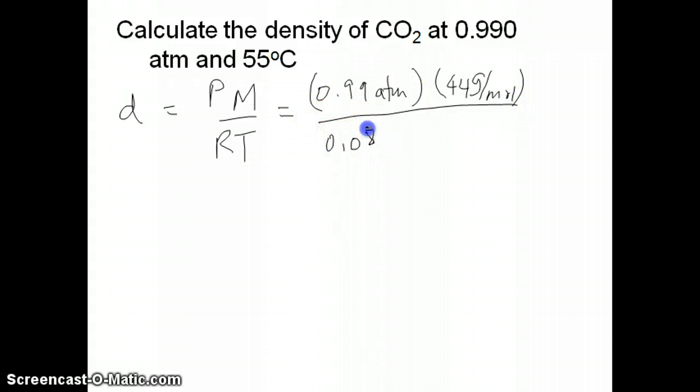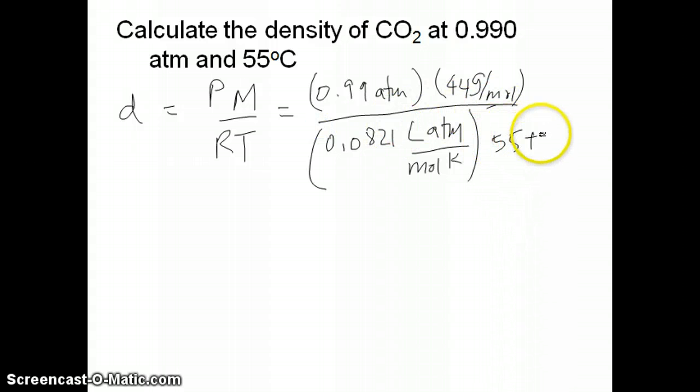R is 0.0821 liter atmosphere over mole Kelvin. And then lastly we have temperature, which of course in this case has to be expressed in Kelvin. So then we have 55 plus 273 Kelvin. And if you look at all the units, they should cancel out to give you the appropriate units at the end.